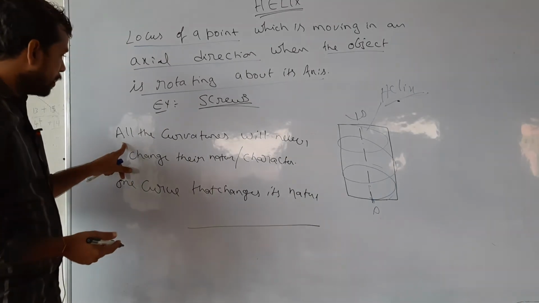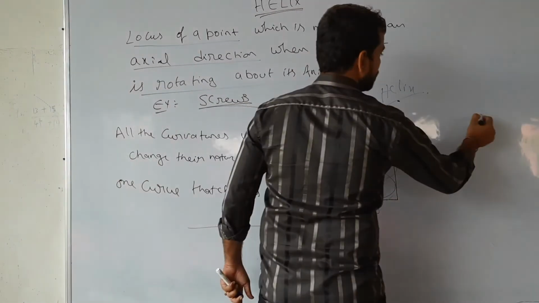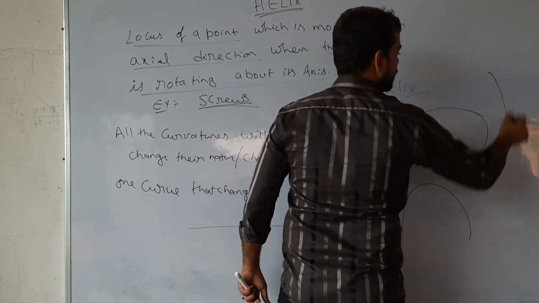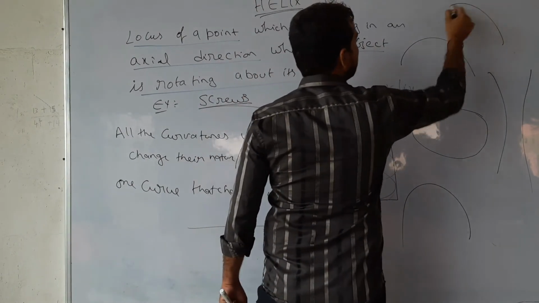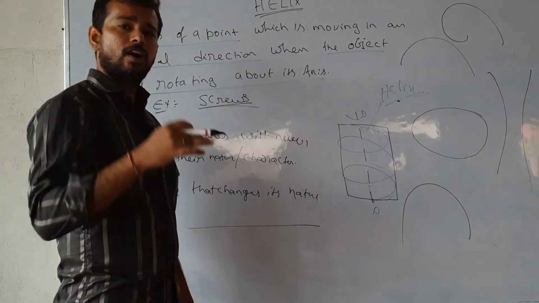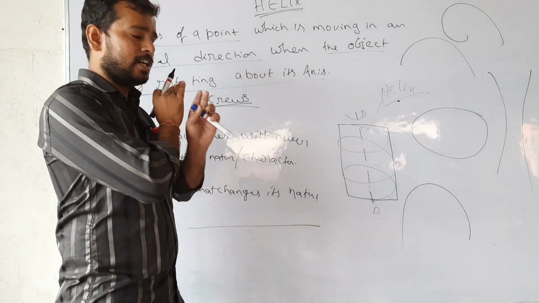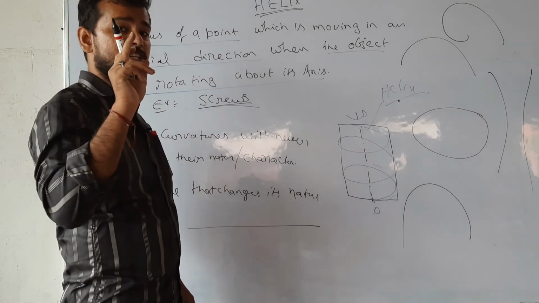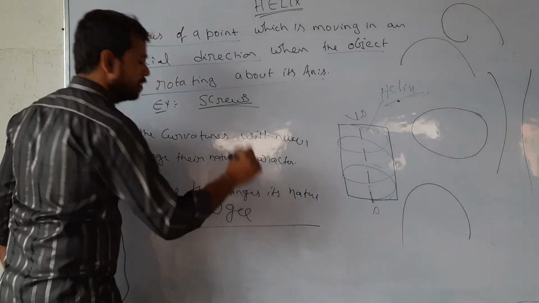Now all the curvatures, that means ellipse, parabola and hyperbola, or a cycloid or an involute or a trochoid or a spiral or a hypotrochoid, these curvatures will never change their nature and characteristics, but only one curvature will change its nature, that is the ogee.